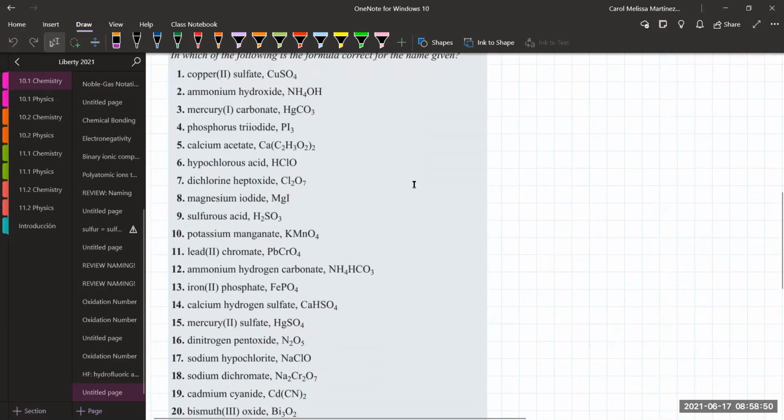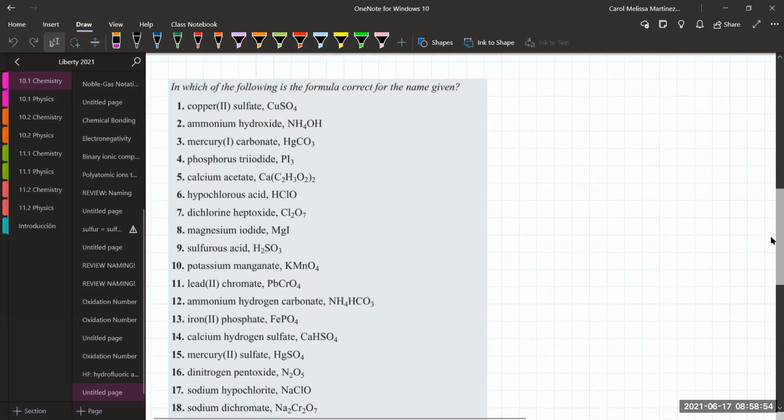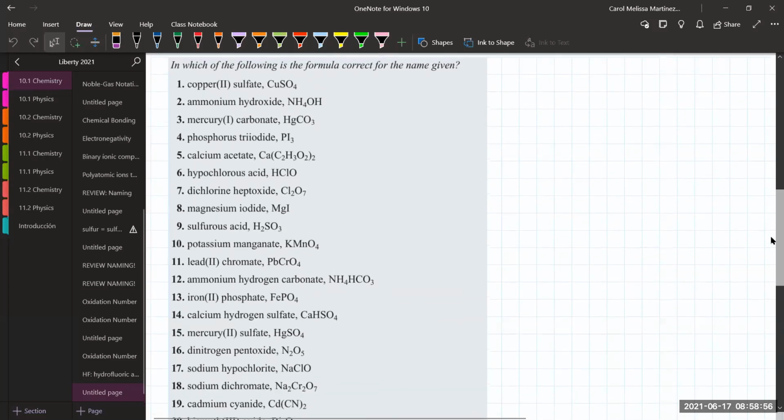Now, take a look here to this activity. The instruction is, in which of the following is the formula correct for the name given? There are many formulas over there, but because we are reviewing acids, that's the procedure that we're gonna be doing.